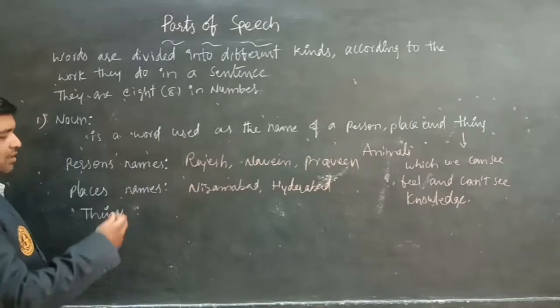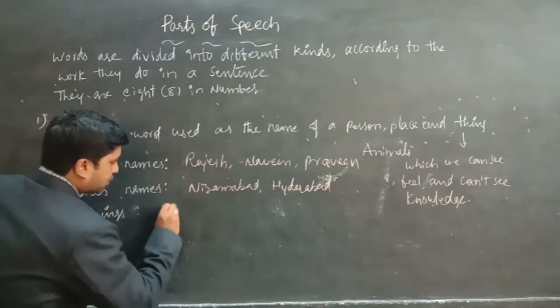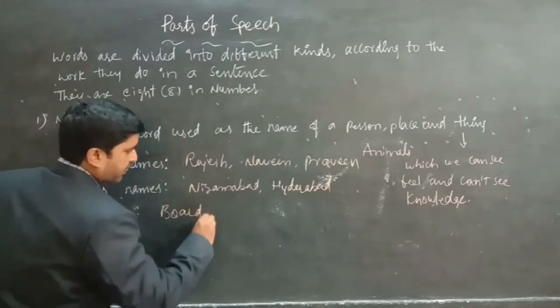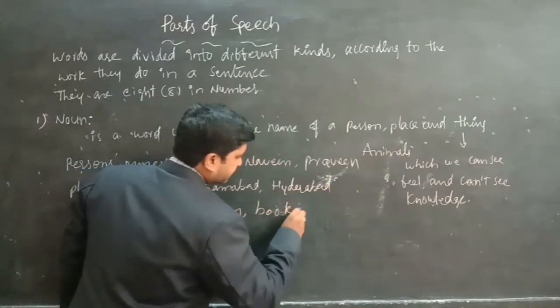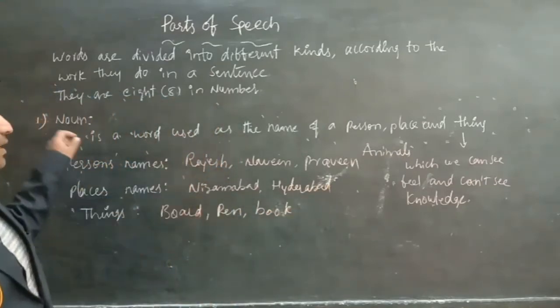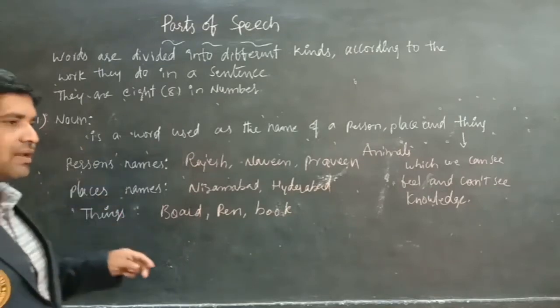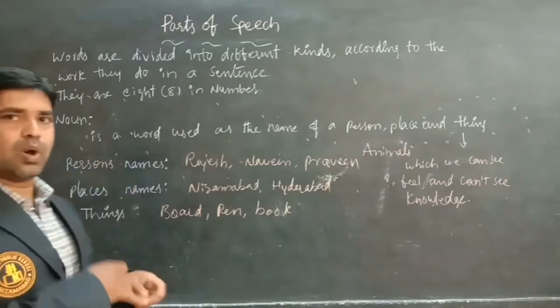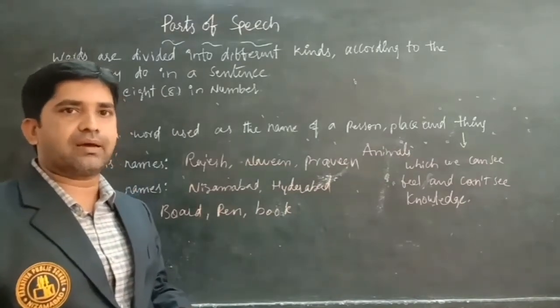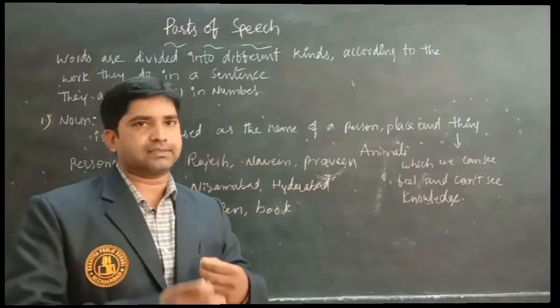Here the things like board, pen, book. These all come under nouns, and when we learn in detail, I will explain how many types of nouns there are and how they work in a sentence.